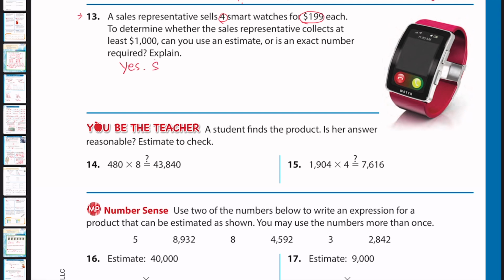Why? Because $199 is almost $200. And the estimate product will be almost the exact product.